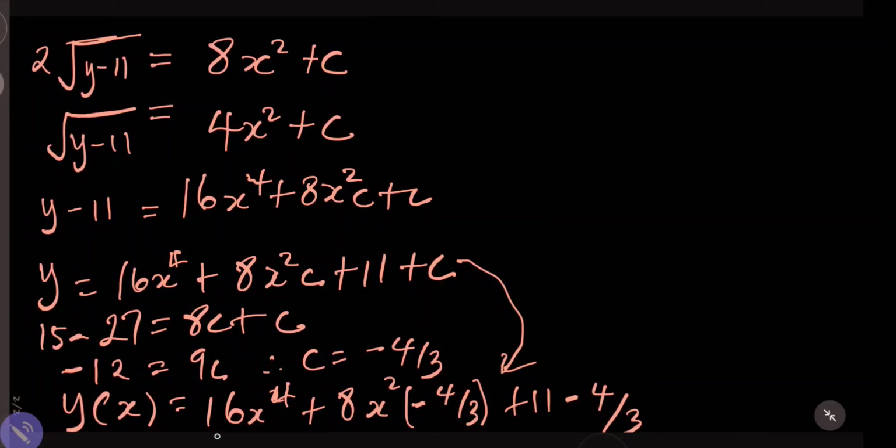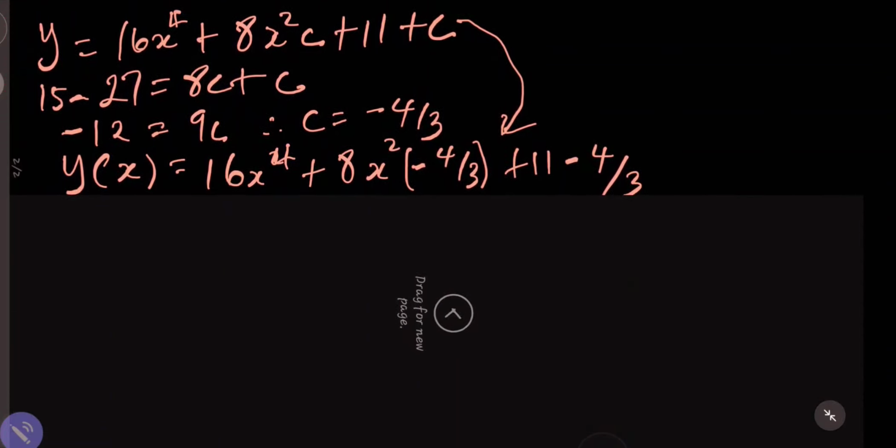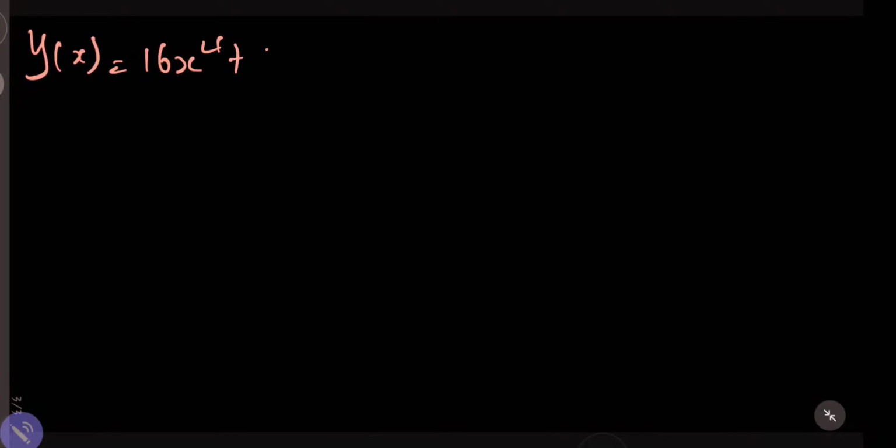If y of x is this expression, I'm just going to rewrite. We said y of x is 16 x raised to the power 4 plus 8x times this plus 11 minus this.